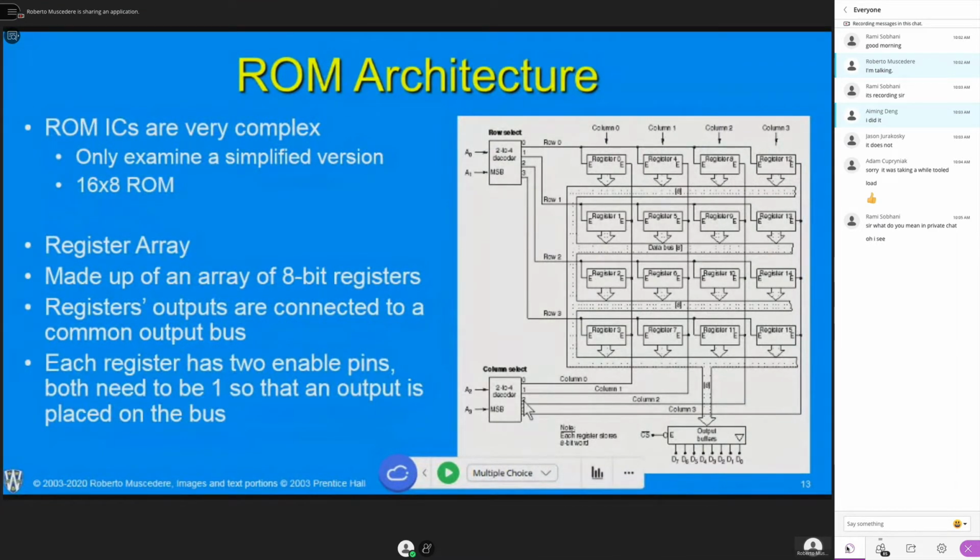And then when A2 and A3, for example, are 0, this output line is active. So this whole column has one of the other enables on, I should say. The one that has both enables on, which will be this one here, is going to be element 0, which is what you'll get when all 4 of the inputs are 0. And that one's going to output on the bus.